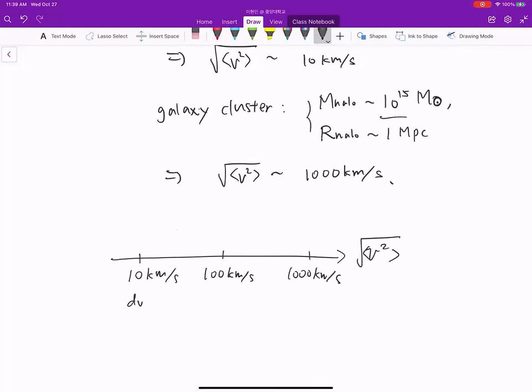This is for dwarf galaxies, the Milky Way galaxy, and also galaxy clusters.